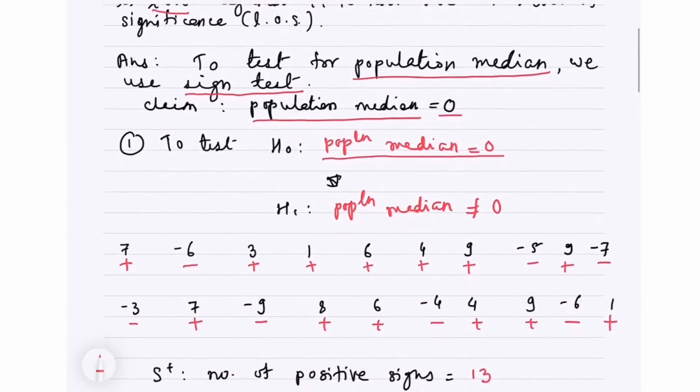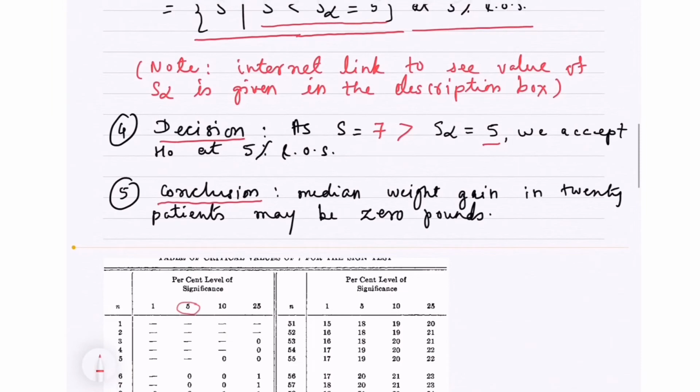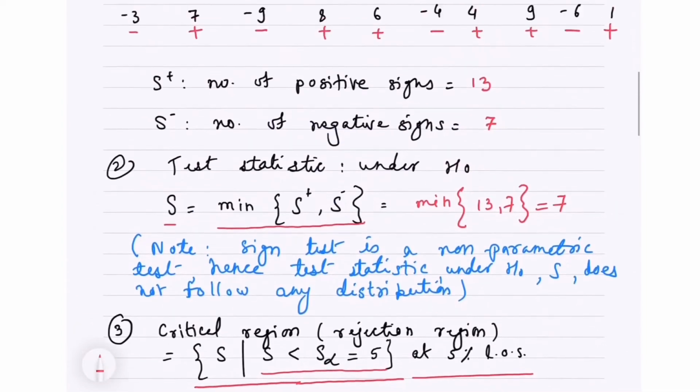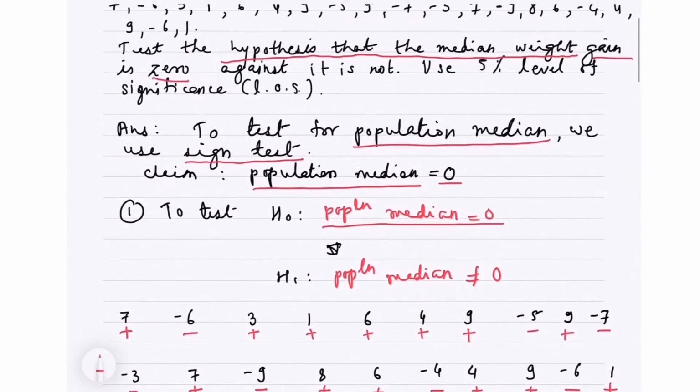We are writing the conclusion as the median weight gain in 20 patients may be 0 pounds. Here remember we have written H0 as population median equal to 0. We could also write population median weight gain equal to 0 versus H1 population median weight gain not equal to 0.